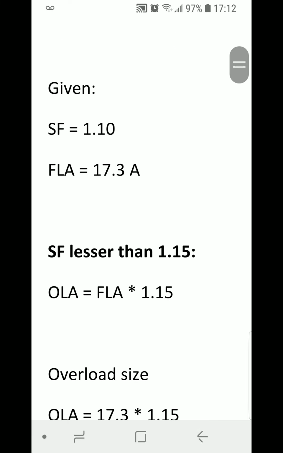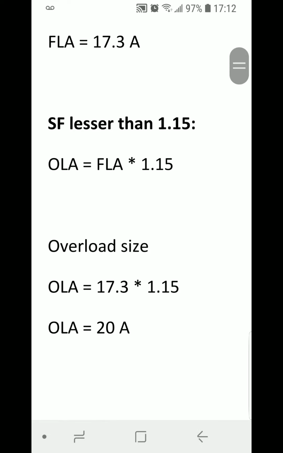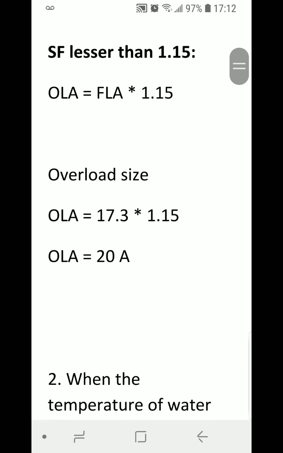So here's our given: 1.10 service factor and a full load amps of 17.3. In this case we have a service factor lesser than 1.15, and therefore we use the formula overload amps is equal to full load amps times 1.15.